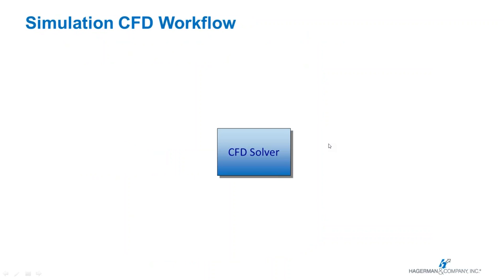The workflow, I really want to stress this, because one of the things I said earlier was this software is easy to use, and I wanted to explain the workflow. This is a magic black box, right? The CFD solver handles all the complex stuff for us.